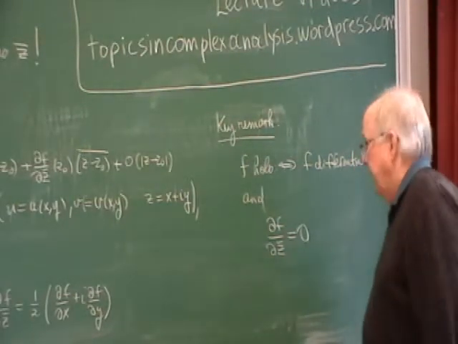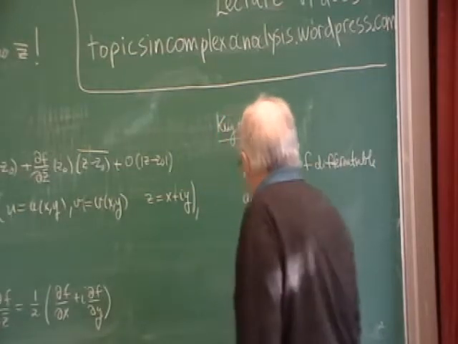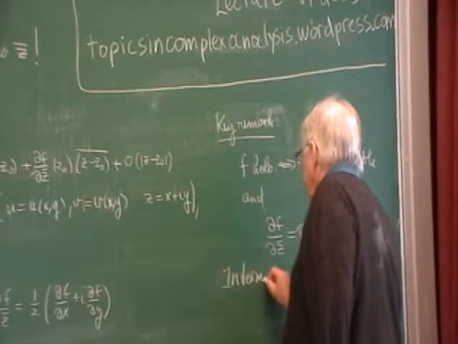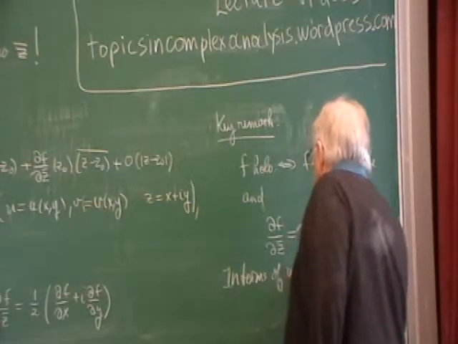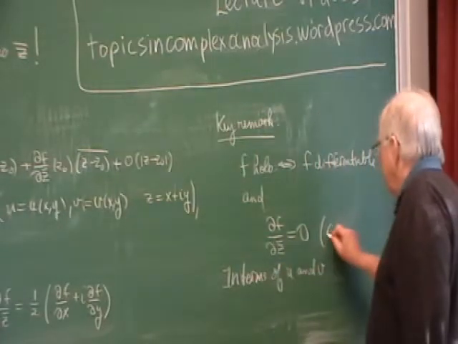Okay. Now, of course, that means that's 0, and in terms of u and v, let me emphasize that's a complex equation of complex numbers.